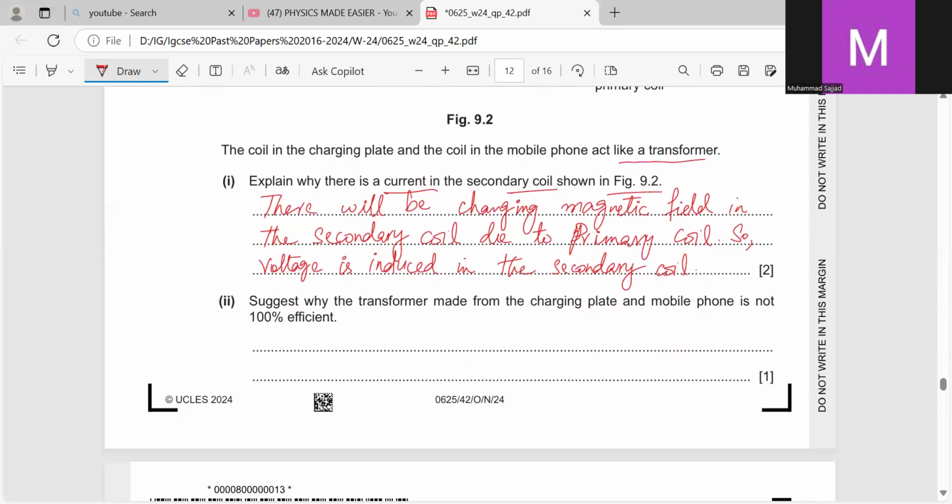Then, my dear friends, suggest why the transformer made from the charging plate and mobile phone is not 100% efficient. You can say some of the energy is wasted or is transferred.